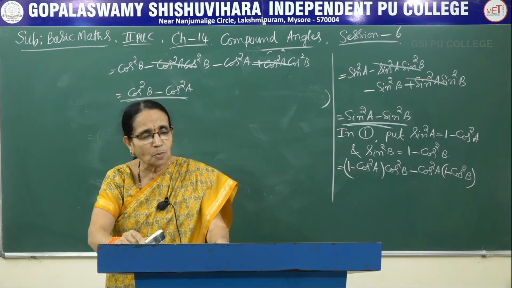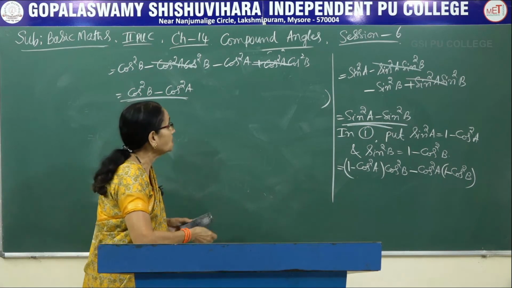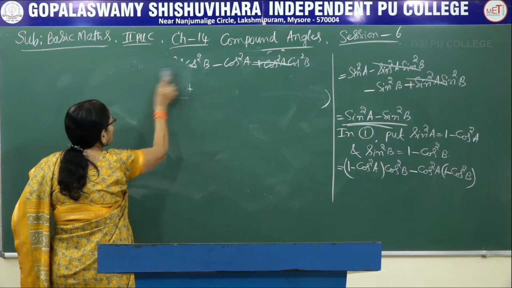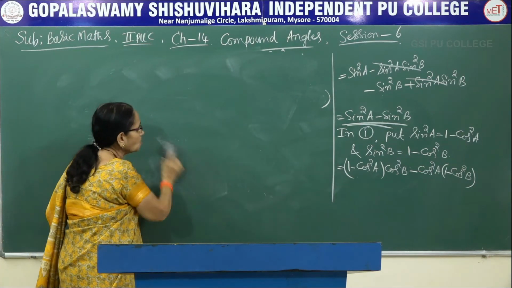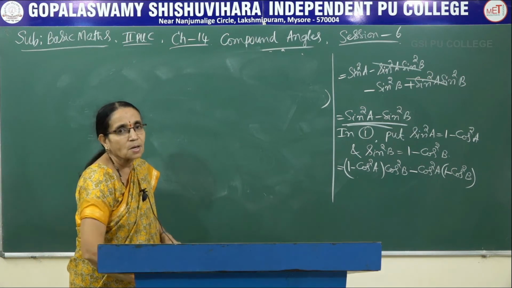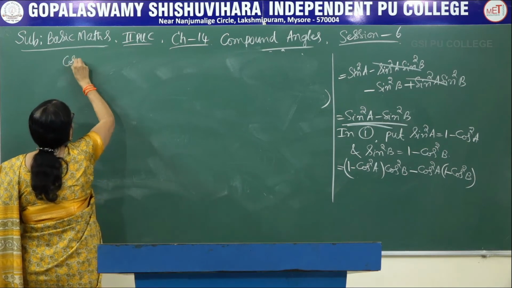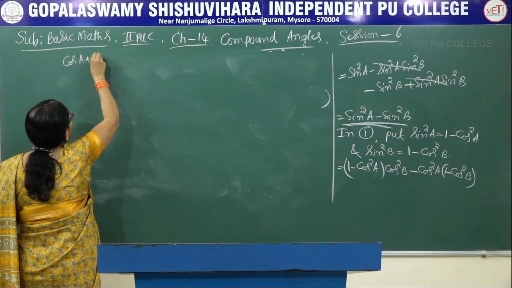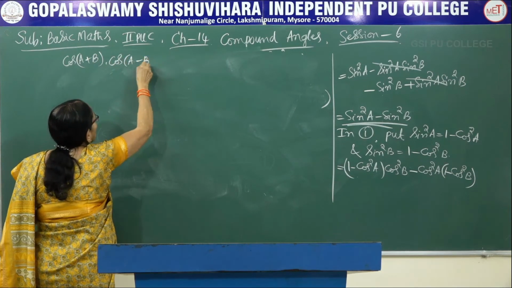Now the next problem is also of the same type, where instead of sine, I am having the cos function. That is, to prove that cos(A plus B) into cos(A minus B), here also we are having two different results, one after another we can try to prove. So prove this as cos of (A plus B) into cos of (A minus B).